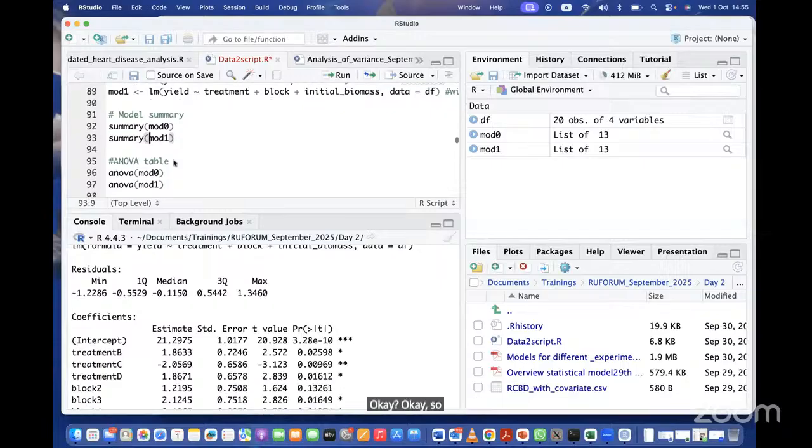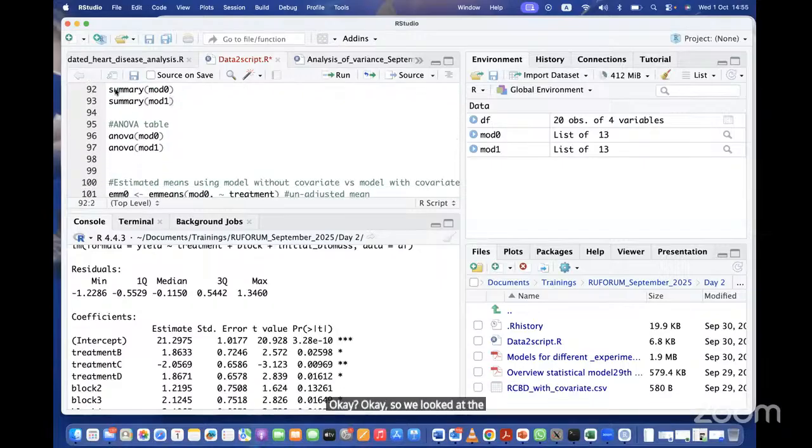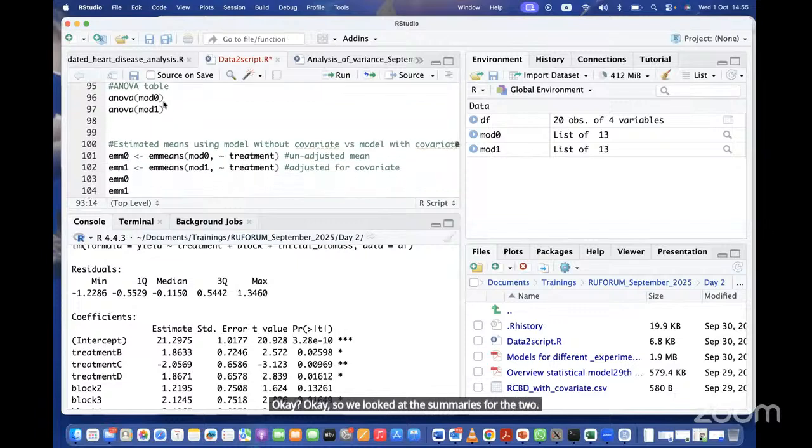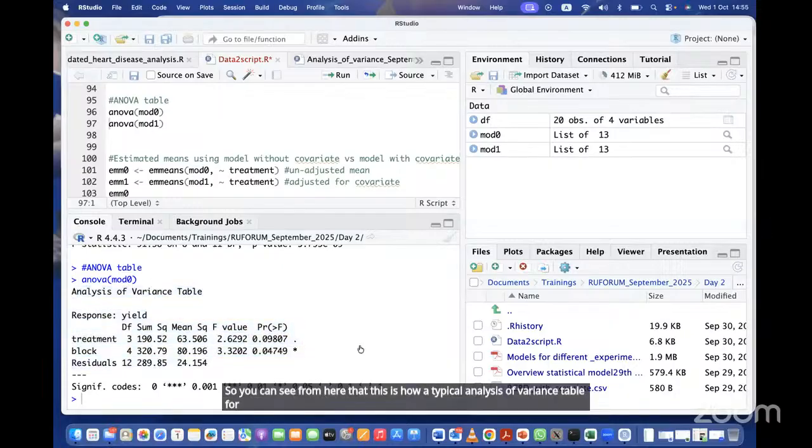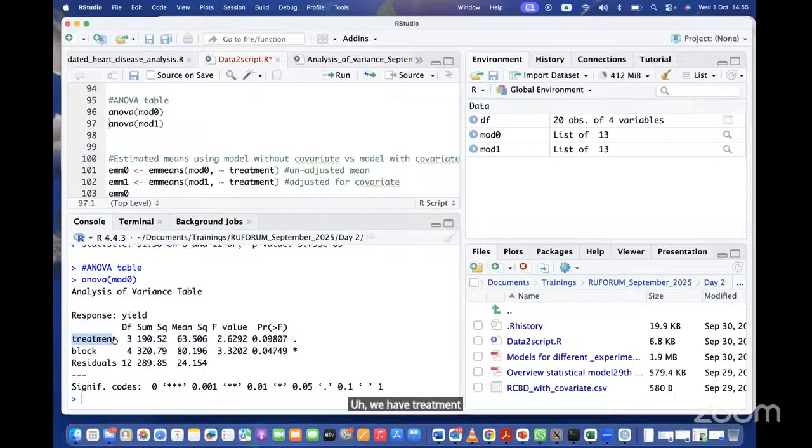Okay, so we looked at the summaries for the two, and then we can also look at the analysis of variance table. You can see from here how a typical analysis of variance table for a randomized complete block looks. We have treatment as a source of variation with 3 degrees of freedom.